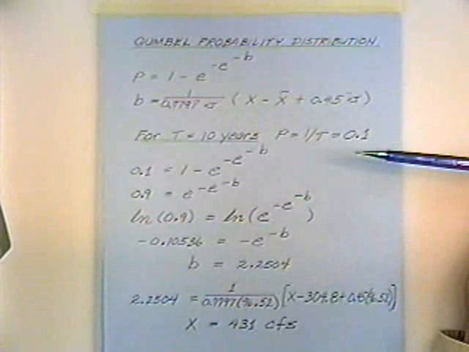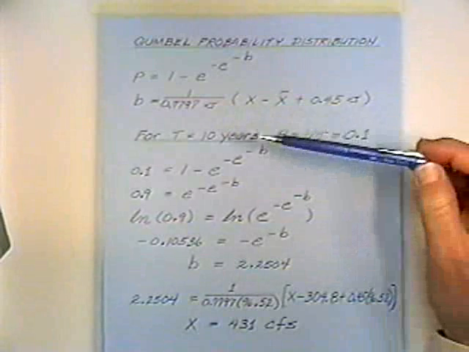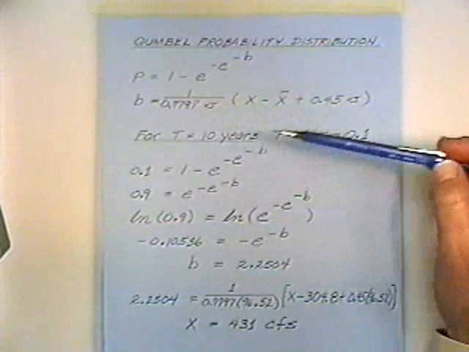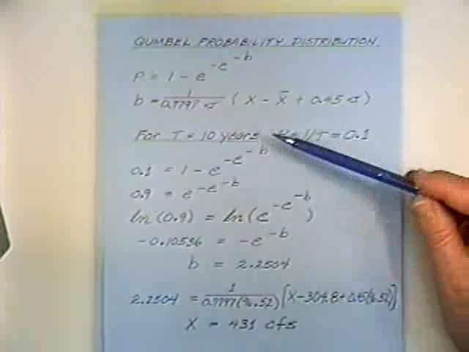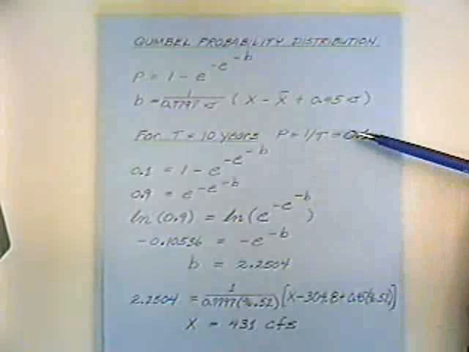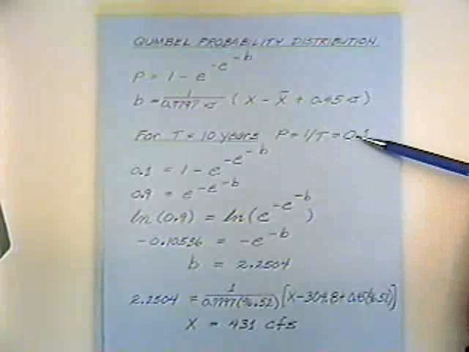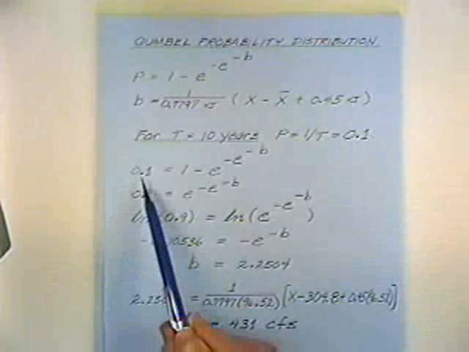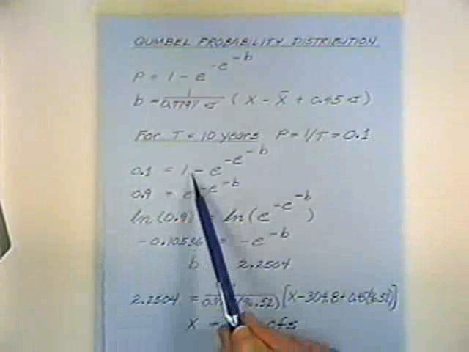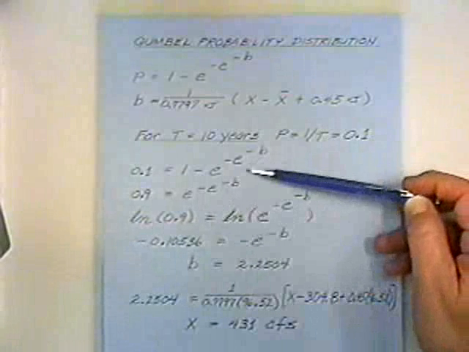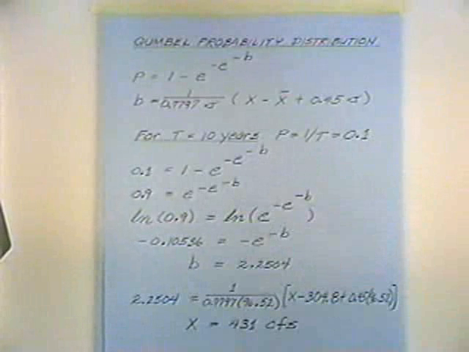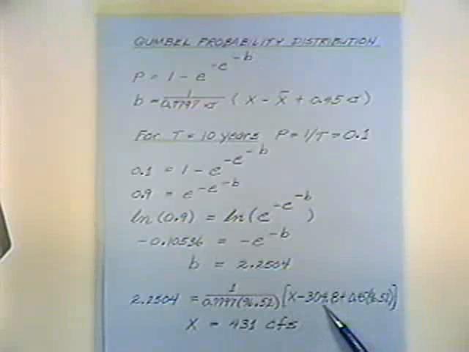And then if I wanted to compute the discharge corresponding to a 10-year flood event, let's say a 10-year recurrence interval, that's an exceedance probability, 1 over 10, 0.1. I can plug in the 0.1, and then I can compute the B here. And so I'm just going through the arithmetic of computing the B. Once I've got the B, I plug it in, and then I plug in the mean, the standard deviation.